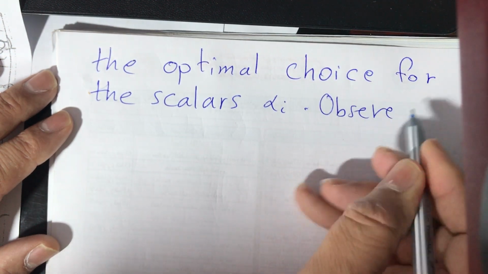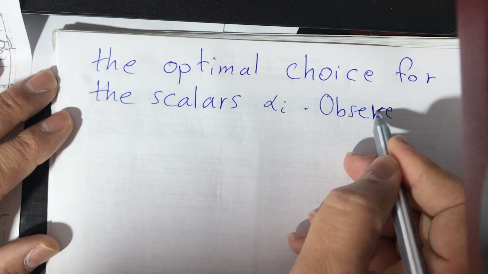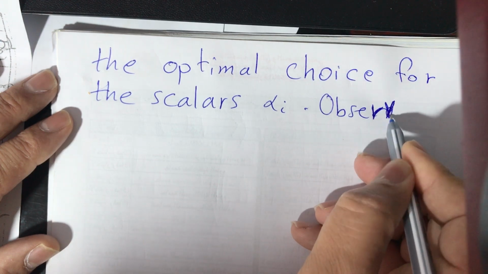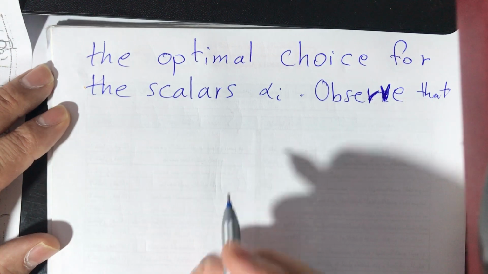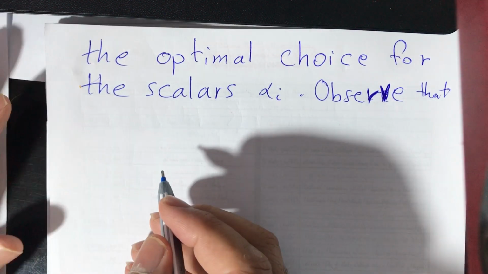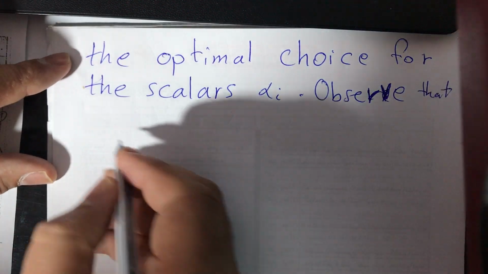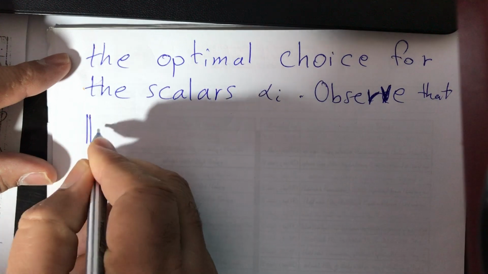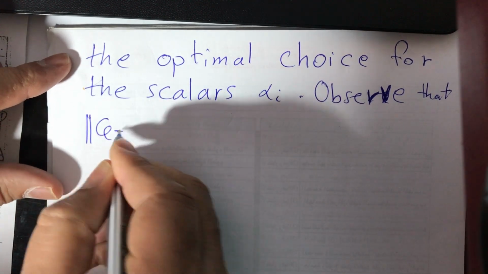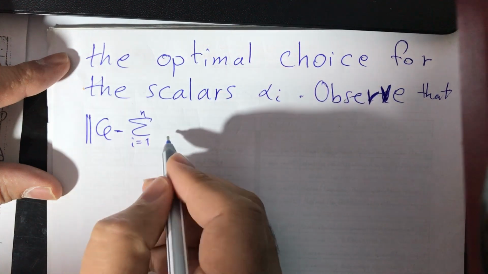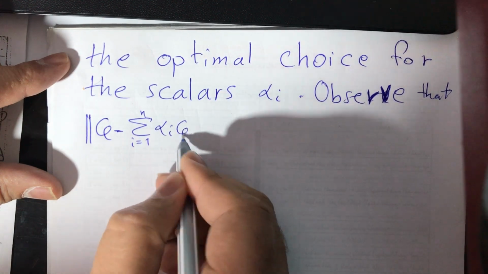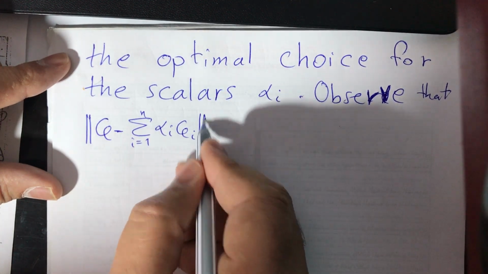Observe that the norm of phi minus summation i from 1 to n alpha i phi i, squared.